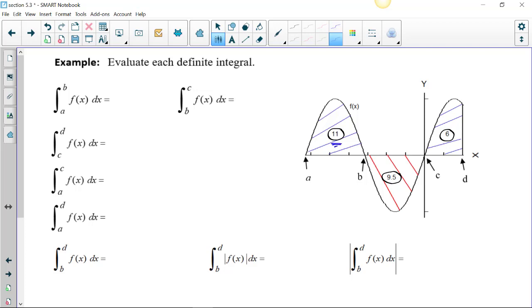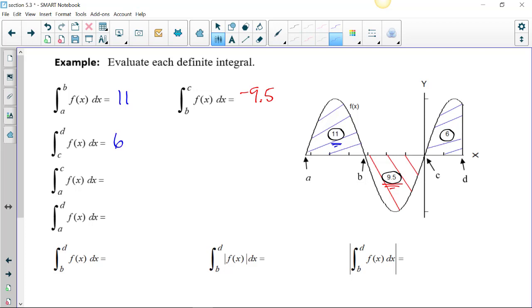So it's 11 above. Okay, the definite integral from B to C. Notice that that region is below, so that 9.5 is going to be negative. The definite integral from C to D. Once again, region is above, so that definite integral is going to be a positive 6.